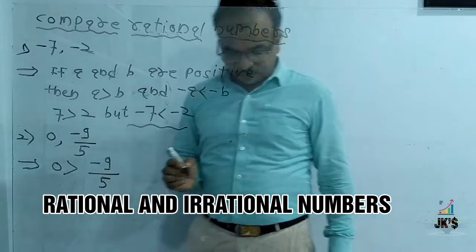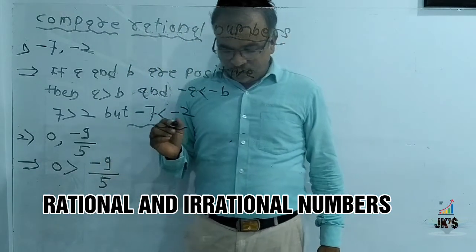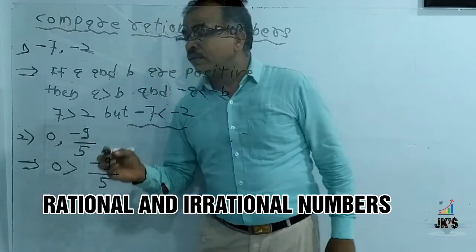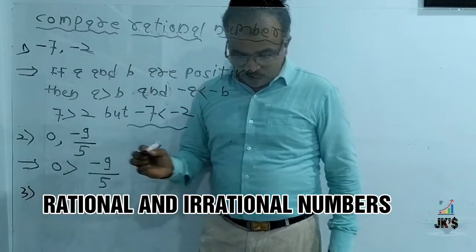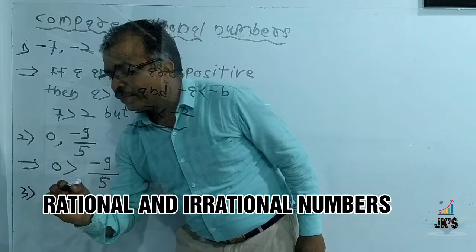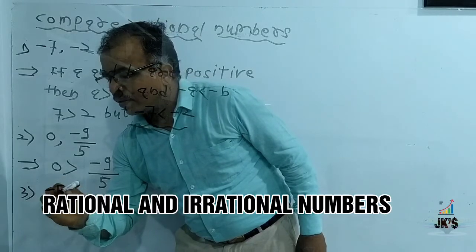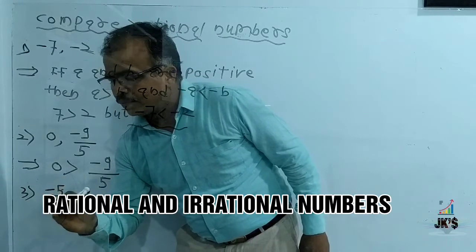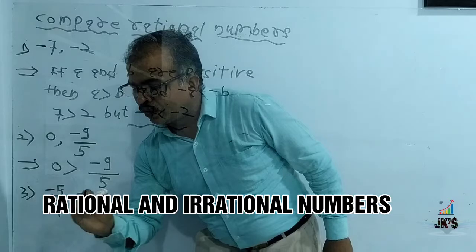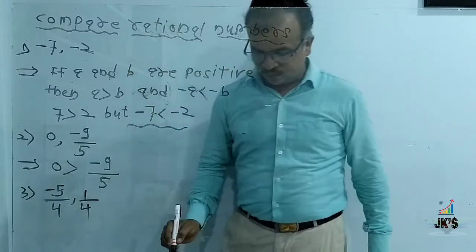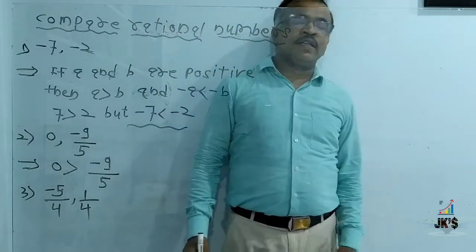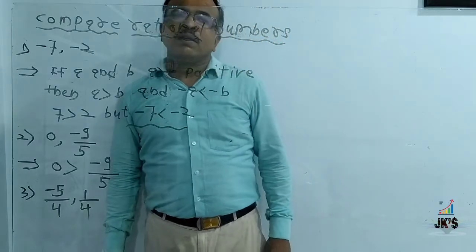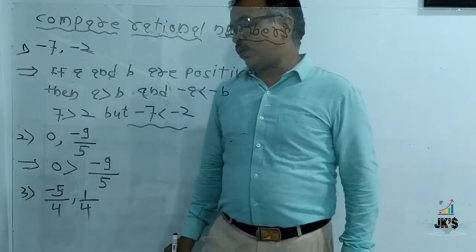Next one is minus 5 upon 4 and 1 upon 4. We know that each positive number is greater than any negative number.